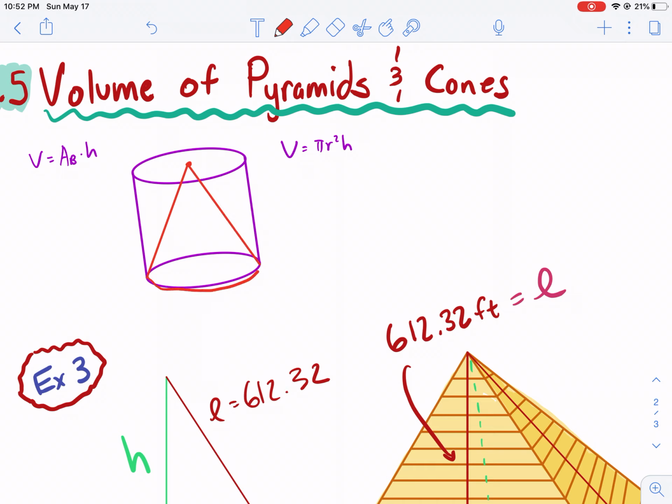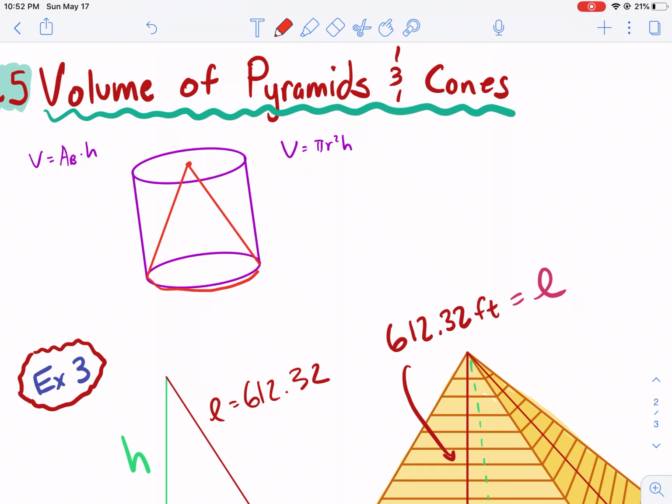If it's a perfect regular square pyramid, the volume is the side squared times the height divided by 3. But that's not most often the case, so I wouldn't encourage you to think of it that way. Take the area of the base and multiply it by the height, that's for any prism, and we divide by 3 for a pyramid. For a cone, we take the cylinder formula, pi r squared h, and just divide that by 3.